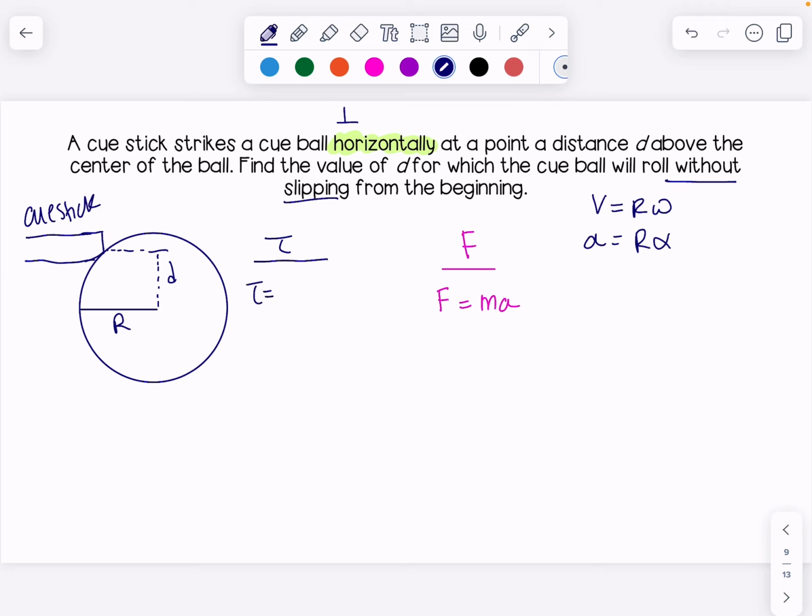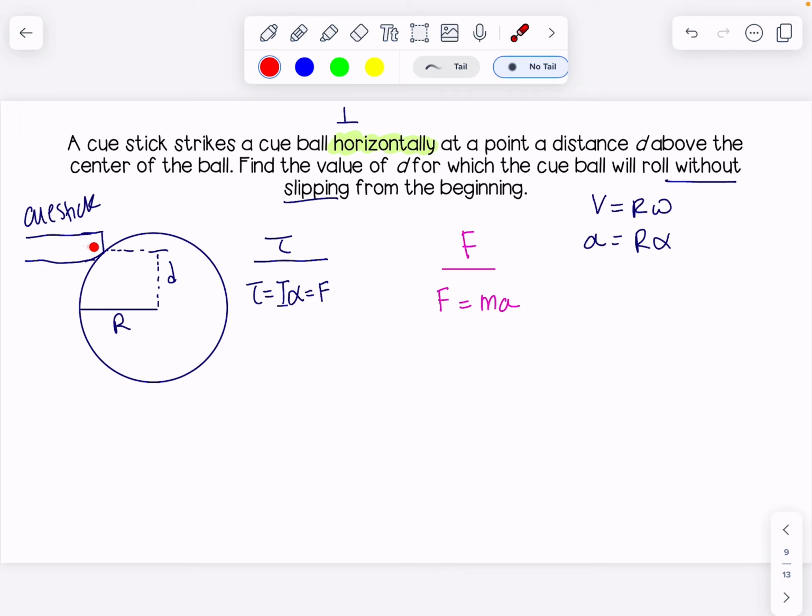We know that in general, torque is equal to I alpha, where I is our rotational inertia or moment of inertia. And this is also equal to F r sine theta. Now here, you might want to jump in and use this R. But when we're saying F r sine theta, we're really talking about the distance away from the axis of rotation that your force is hitting, the perpendicular distance.